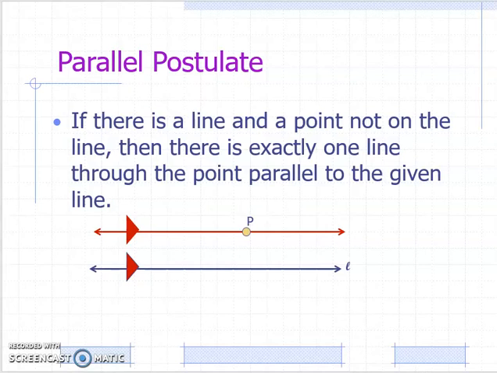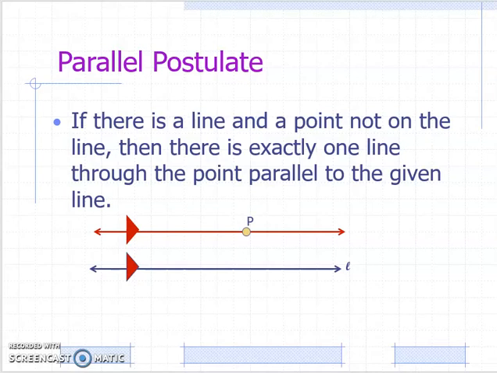And what this law is telling us is that there's only one line that we could draw parallel to L that would go through that point P. Do you agree? If I were to slant that line a little bit through P, in other words, maybe tilt it up a little bit, or maybe tilt it down a little bit, that line would not be parallel to L. So there is only one line that I can draw parallel to that line L that would go through that specific point P.